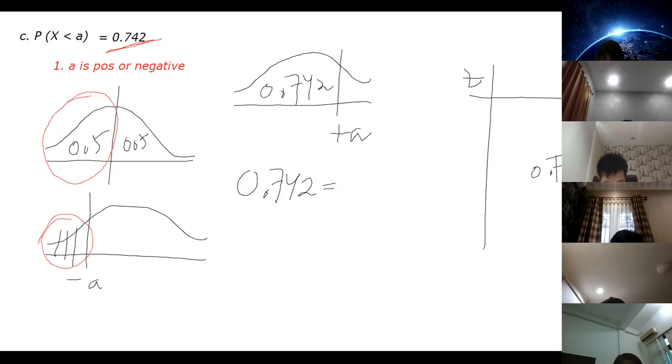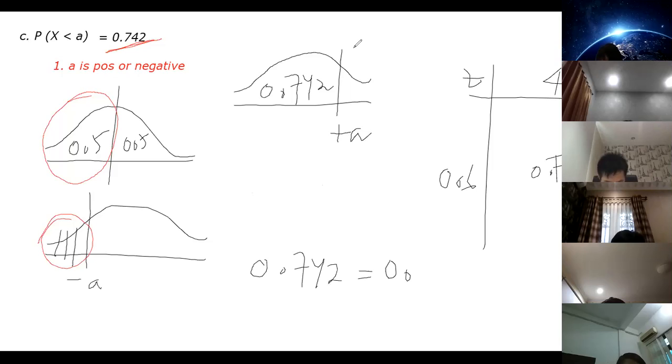So now it means we need to solve 0.742. So 0.742 is equal to 0.7389 added by something. So we have to figure out the something first. So the number is 0.0031.